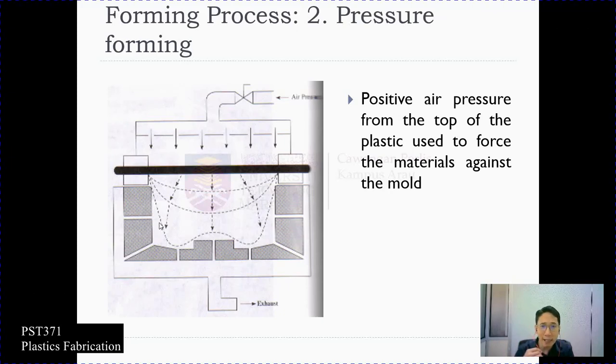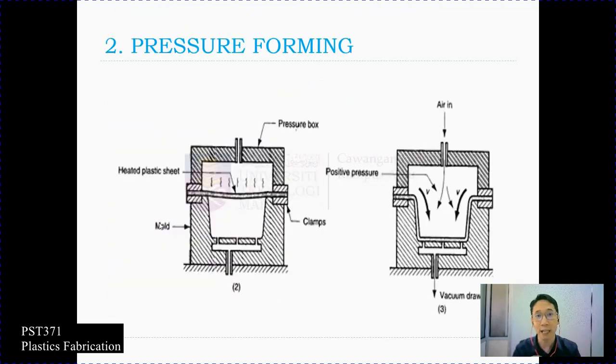So the technique is similar. Firstly, you clamp the plastic sheet, you heat it up using a heater, and as the plastic sheet starts to sag, you introduce the air pressure, the external pressure, to blow the plastic sheet against the mold cavity so it can take the shape of the cavity.